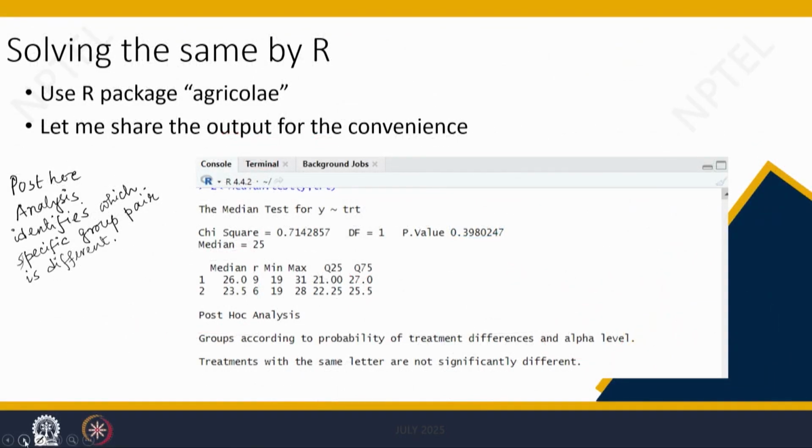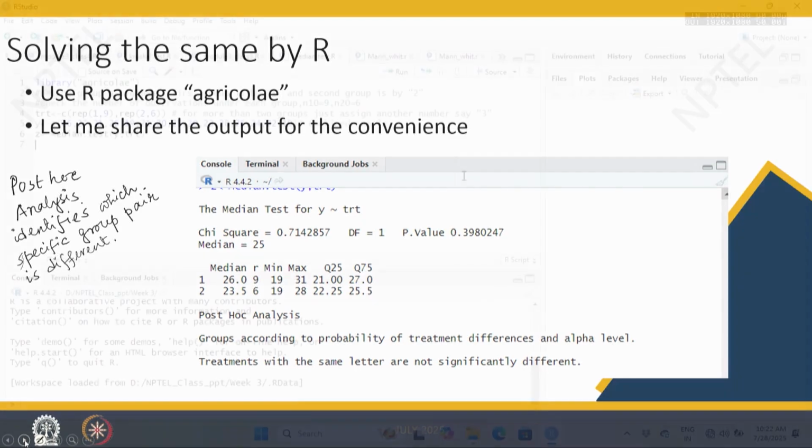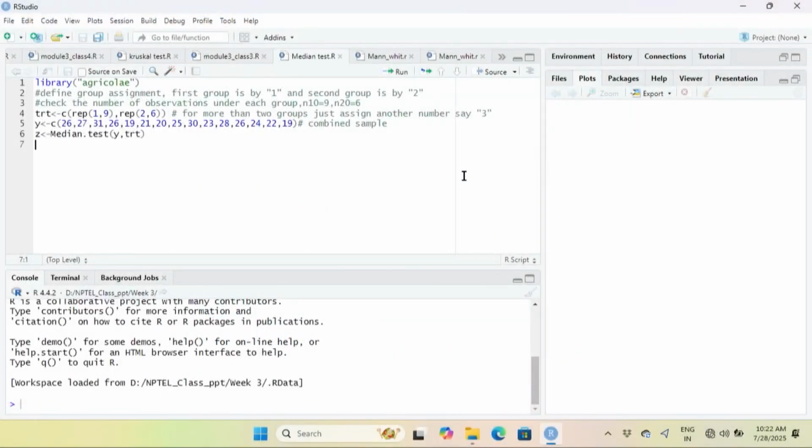Now you can solve the same problem by R. So let me open the R window. Okay, in the R window, to have the median test, first you have to install the package agricolae. Now you remember how you install a new package?